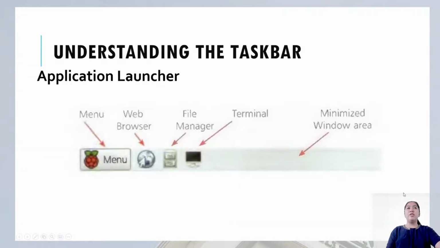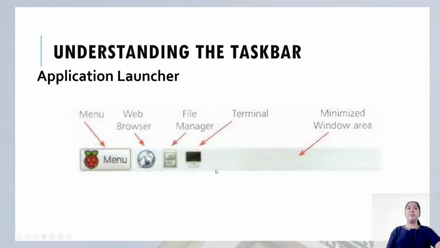The application launcher buttons are used to launch the application menu, the Epiphany web browser, the file manager, and the terminal command window. The taskbar also provides an area to contain buttons for minimized windows.